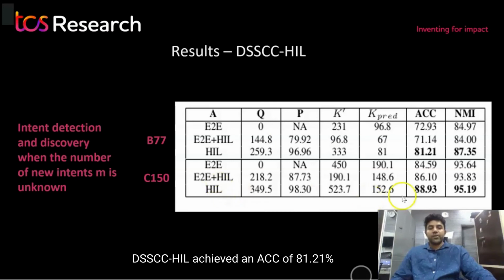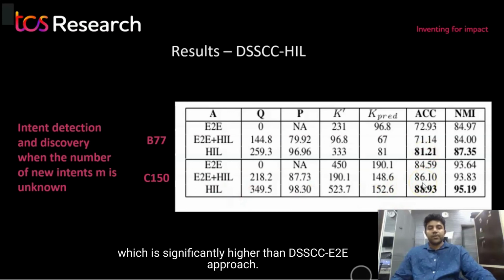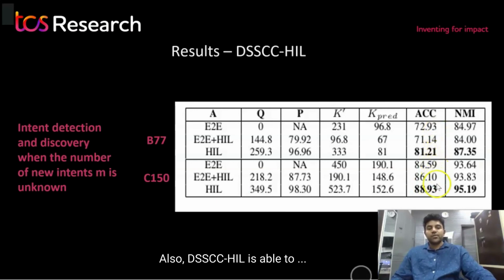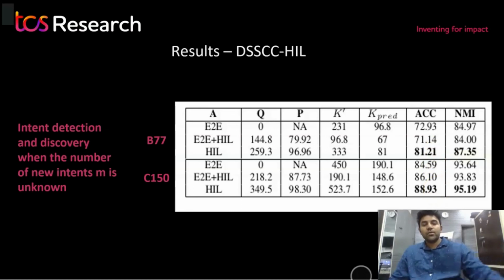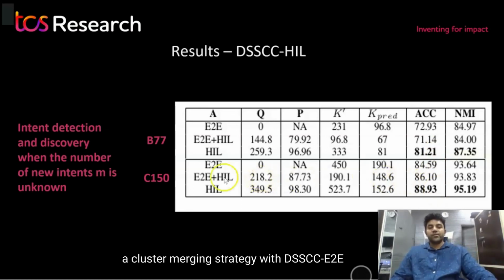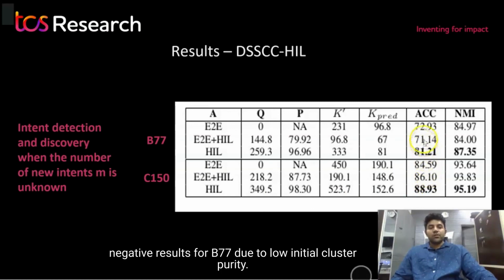DSCC-HIL achieved an accuracy of 81% and 88.93% on Banking and CLINC respectively, which is significantly higher than the DSCC end-to-end approach. Also, DSCC-HIL is able to discover all intents in the ground truth. We also employ a cluster merging strategy with DSCC-E2E, which is DSCC-E2E plus HIL, and got an improvement of 2% on CLINC, but negative results for Banking due to low initial cluster purity.